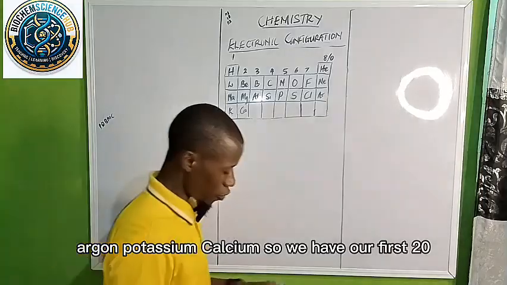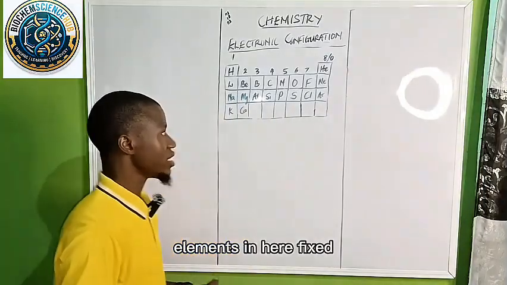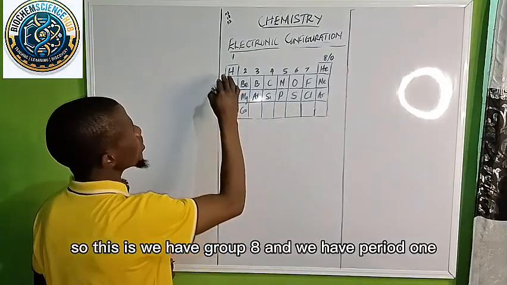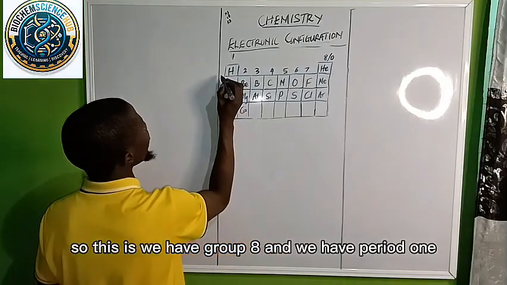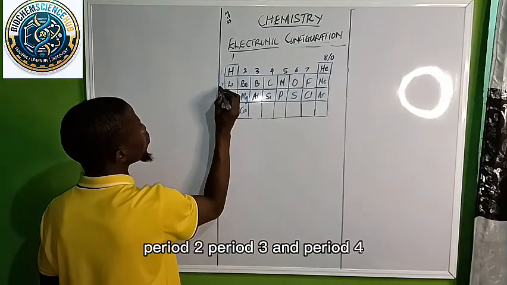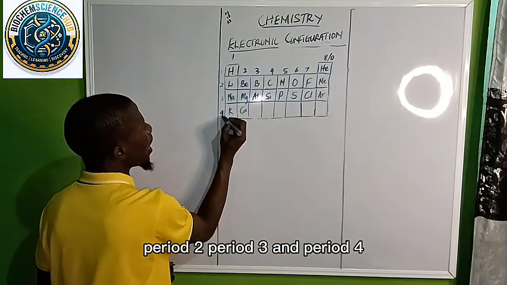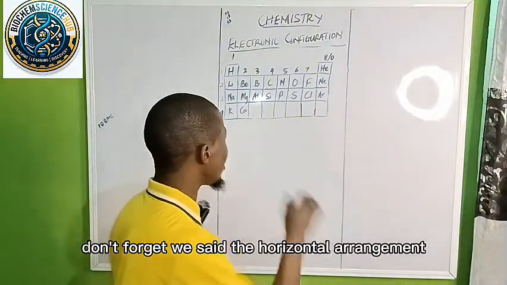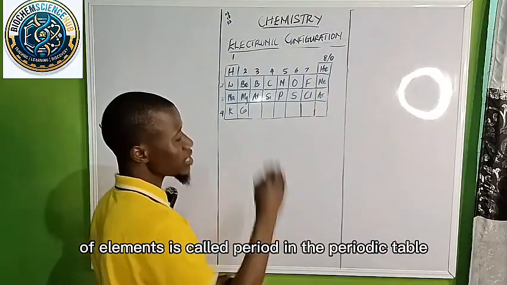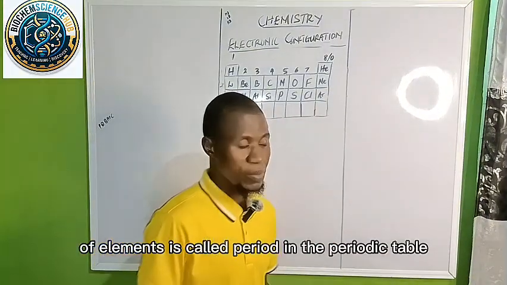So we have our first 20 elements fixed. We have group 8 and we have period 1, period 2, period 3, and period 4. Don't forget we said the horizontal arrangement of elements is called period in the periodic table.